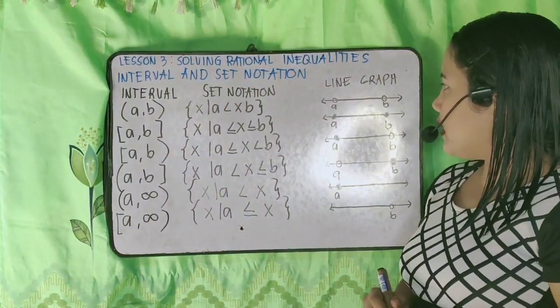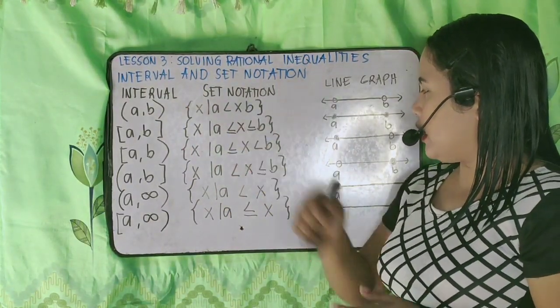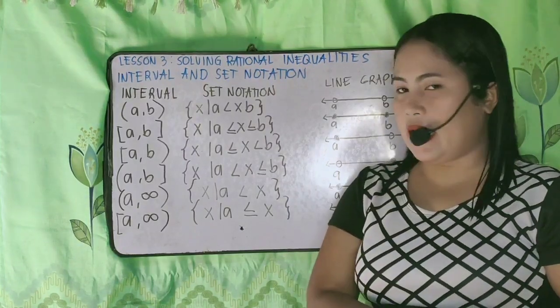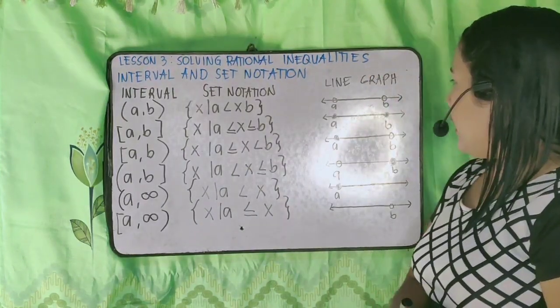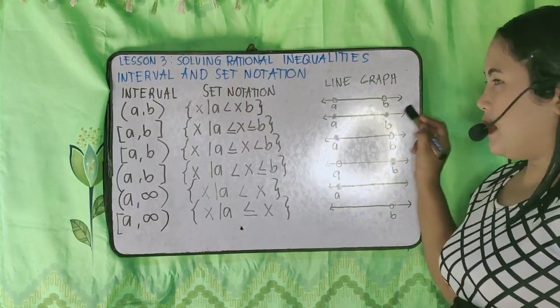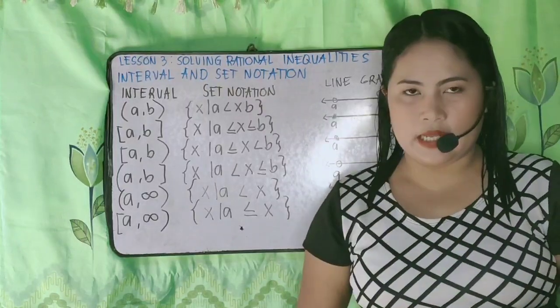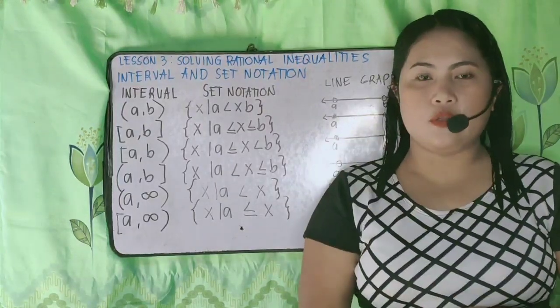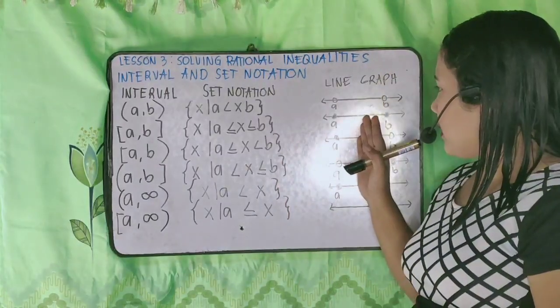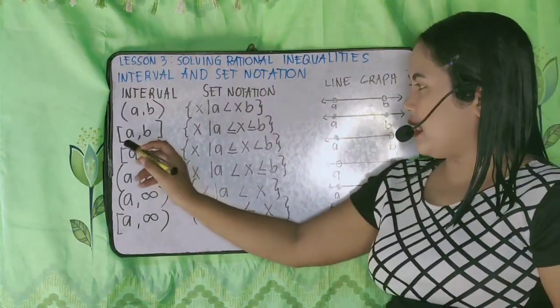Then for set notation, we have A is less than X, then X is less than B. And if shaded circle naman, paano ba natin masasabi na shaded circle? If kasama yung solution natin sa given example. Later, malalaman natin yun. So pag shaded circle naman, gagamitin natin is bracket.